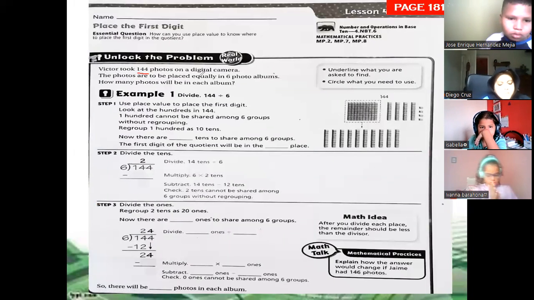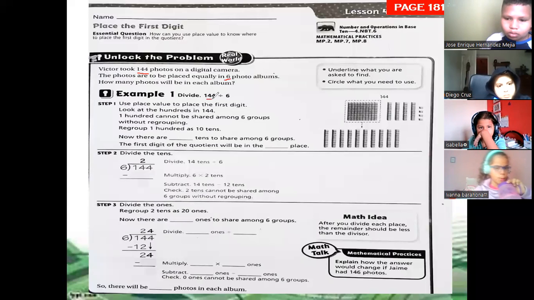The photos are to be placed equally among 6 photo albums. Remember, the photo albums are like books, and we put the photos in pages, and then we can see them, and that's a way to conserve our photos. How many photos will be on each album?